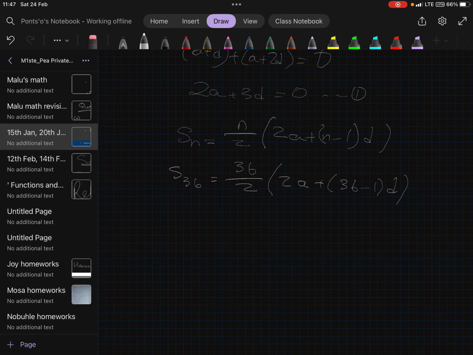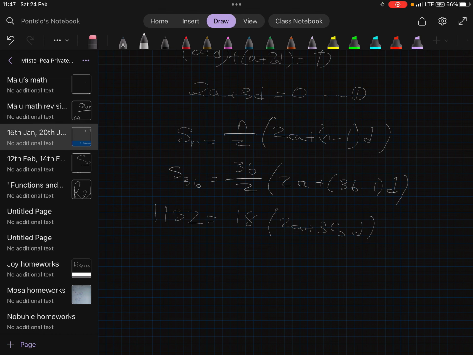We don't know the common difference or the first term, but we do know that the sum to the 36th term is 1152, and this equals 18 into 2a plus 35 times the common difference.